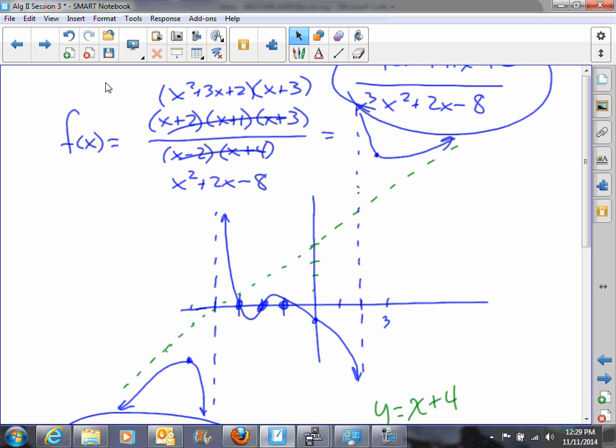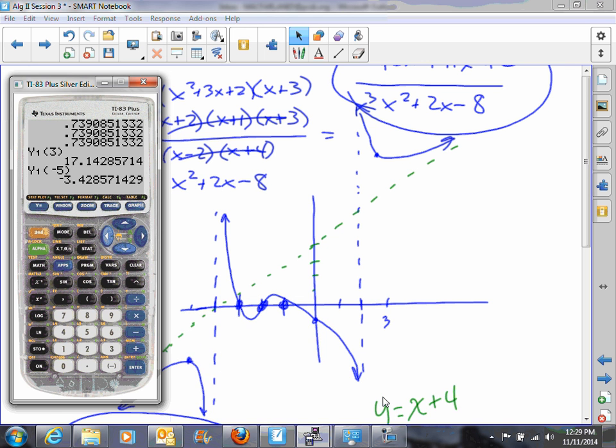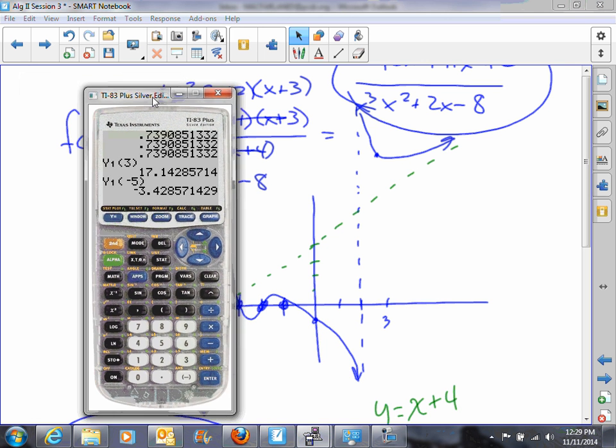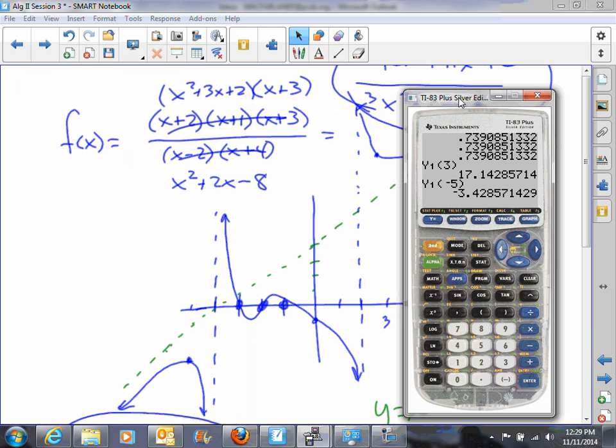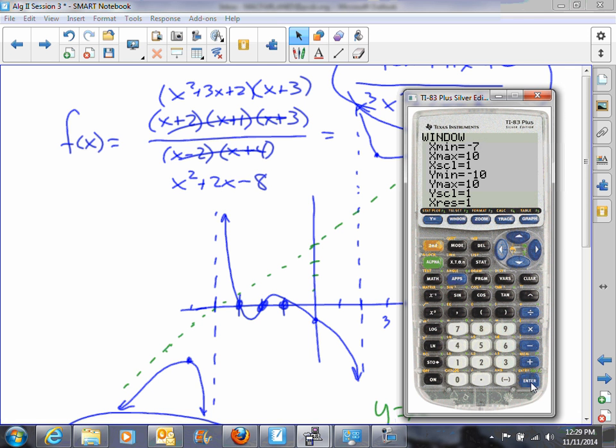Now, if we were to ask the calculator to graph that for us, we need the window to go from at least -7 to 5 for x, scale of 1, and y-min of -10 is going to be good enough. The y-max is going to have to be about 20 for us to get all of this, and y-scale of 2 maybe.